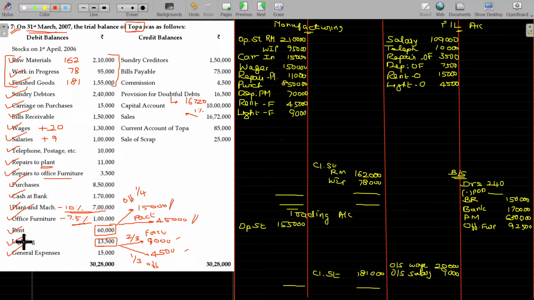General expenses. Come on, tell me, where will it come? Usually general expenses will come in the P&L account, right? The value being 15,000. And in credit balances, sundry creditors, balance sheet, liability side, the value being 1,50,000.